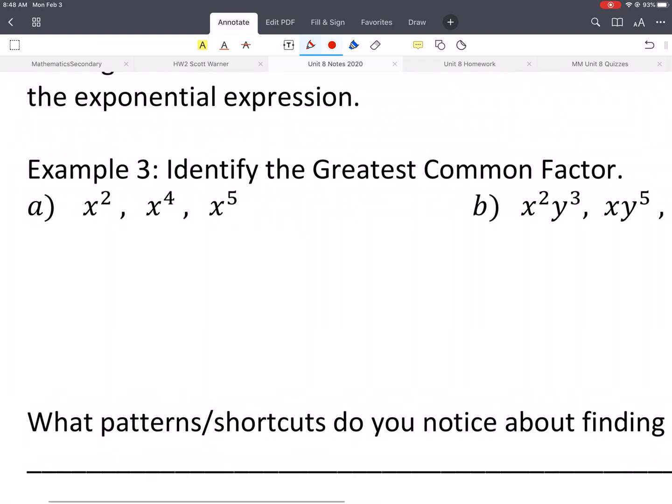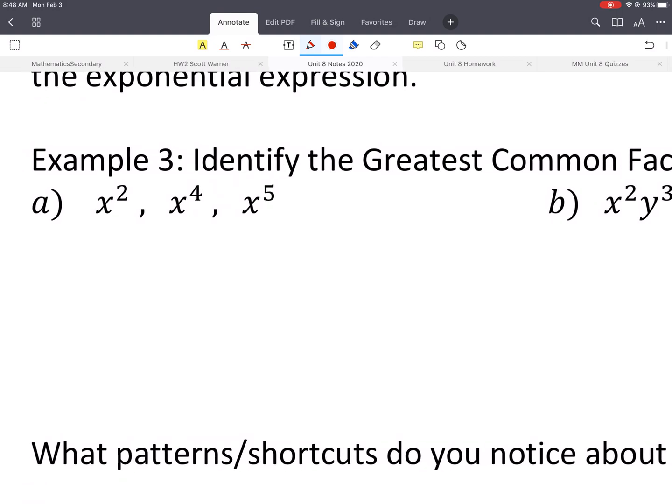I don't think I'm going to actually teach you that way. Here we just want to figure out how many x's can we take from all 3 terms. So for example, this has 2 x's, like x times x, this is x times x times x times x, and here there's 5 x's.